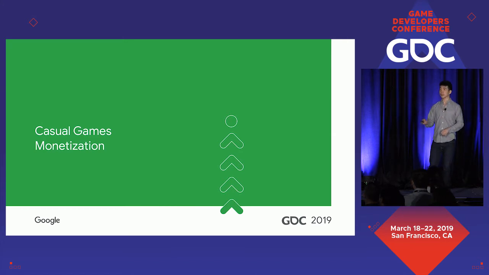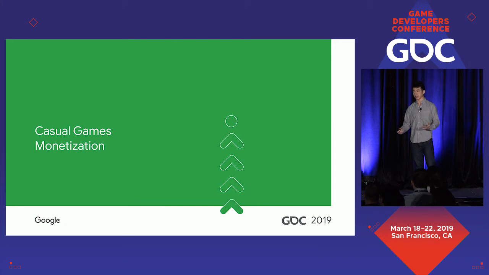But what simpler mechanics also means is that it's slightly harder to create a robust IAP experience, right? You're not going to have as many complex interactions. You're going to have a simpler game economy, et cetera. That means that you're going to be more reliant on the ads monetization strategy. So if your game exhibits those types of characteristics, you're going to want to pay attention to the next set of tips.